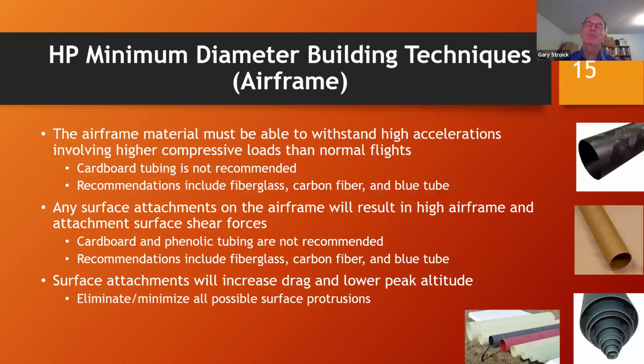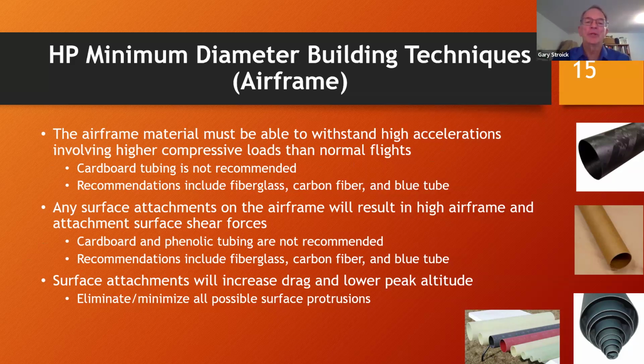Now, the competition is to go as high as you can with this particular H550 motor. And so you want to minimize the drag forces on the rocket, because if you don't, you're going to go to a lower altitude. So you want to go the highest possible. So you want to eliminate as many of the external protrusions as possible on the rocket.